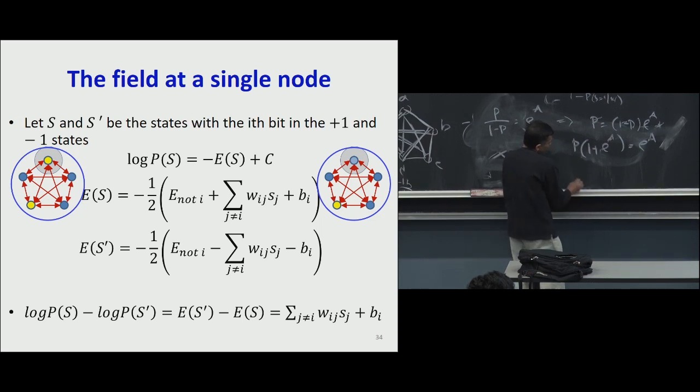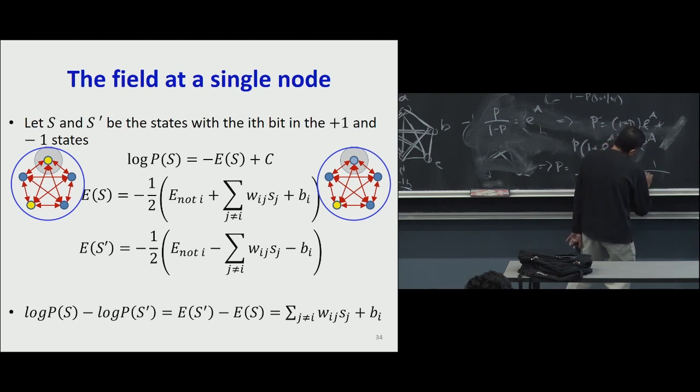This implies p equals e raised to a over 1 plus e raised to a, which is the same as saying 1 over 1 plus e raised to minus a.